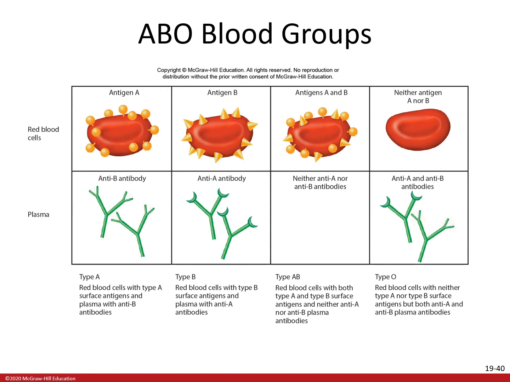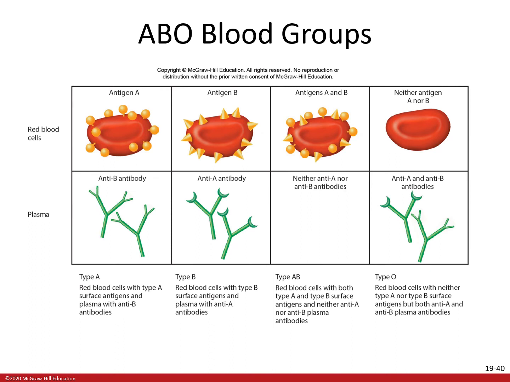Moving just to the right, we have the type B blood, and you'll notice that the anti-A antibodies in the plasma of type B blood also do not match and can't fit into the B antigens studding the surface of the red blood cell.